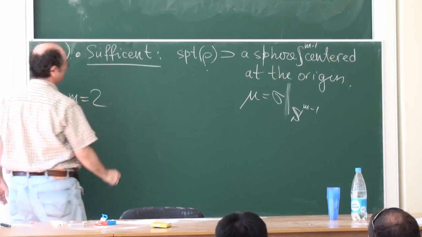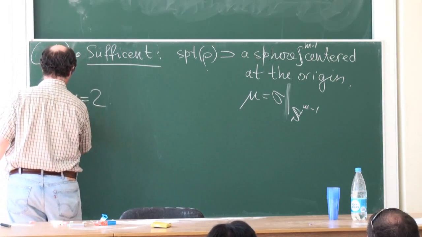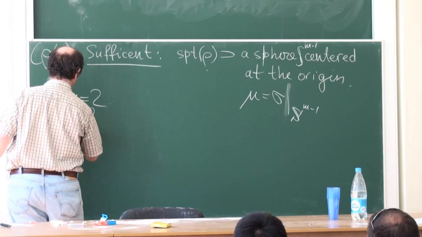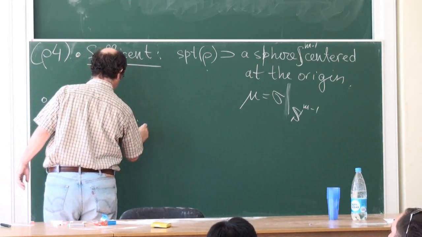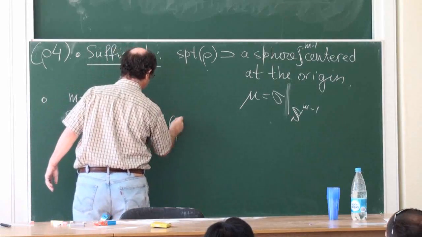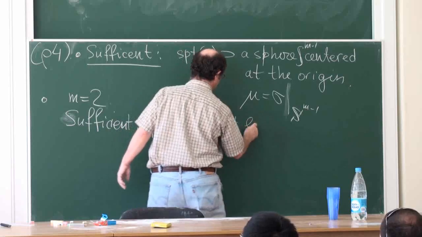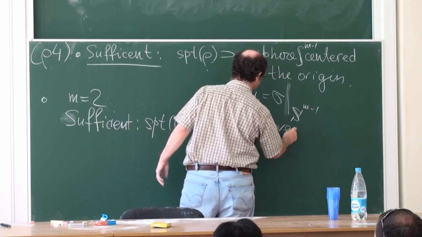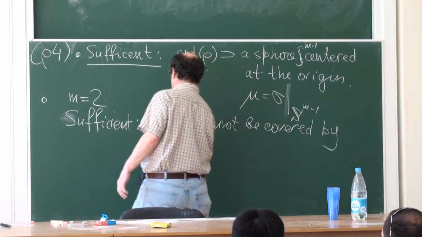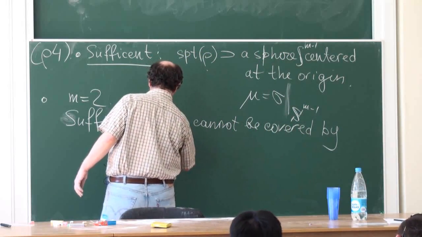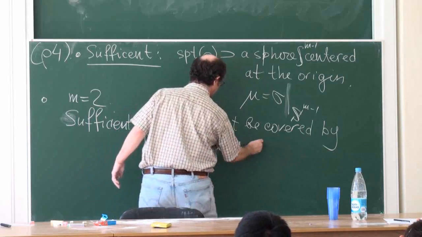Another simple example is in dimension 2. Suppose that another sufficient condition is that the support of rho cannot be covered by finitely many straight lines.